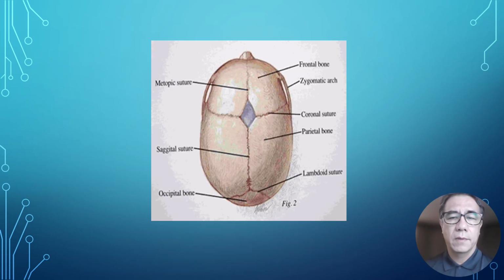So try to remember which sutures are present in the child. The frontal bones are a common pair separated by the metopic suture, and separate from the parietal bone by the coronal sutures, a pair of coronal sutures, and the parietal bone separate from the occipital bone by the lambdoid sutures on both sides.